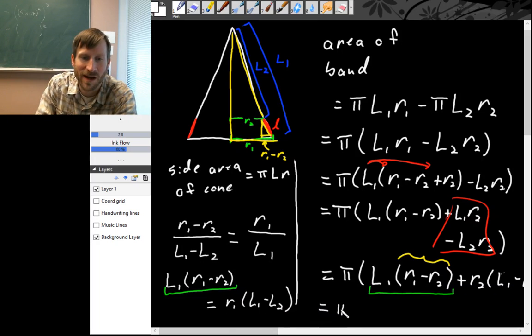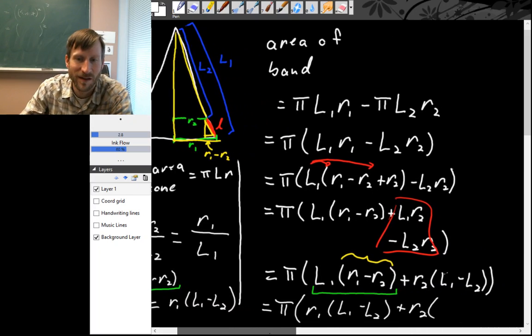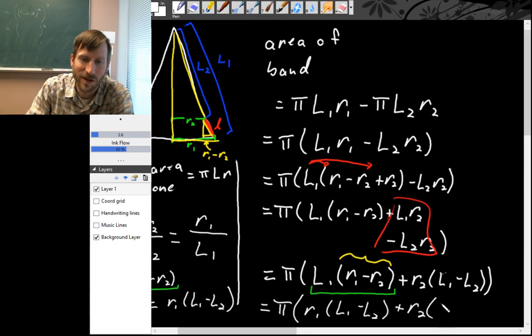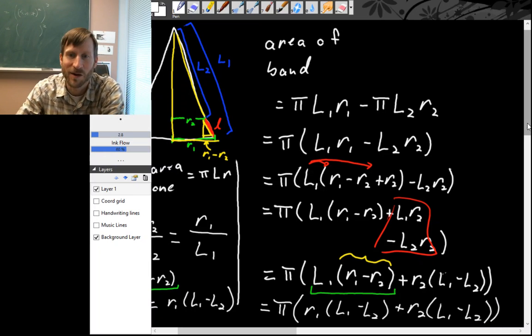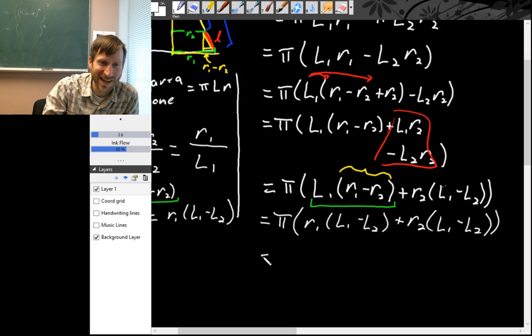So we get pi times R1 times L1 minus L2 plus R2 times L1 minus L2. Okay, now we're almost to something that will feel good once we get it.